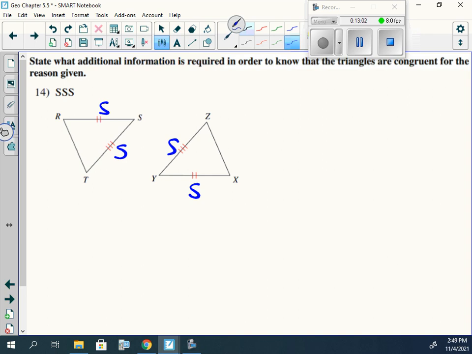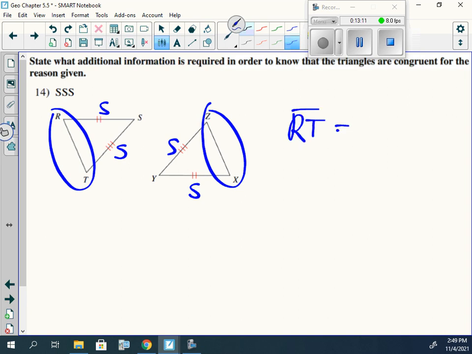Yeah, CX and RT. Because we're missing that side. So the additional information would be that RT needs to be congruent to CX. Questions on this here?